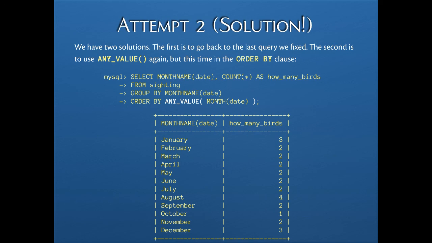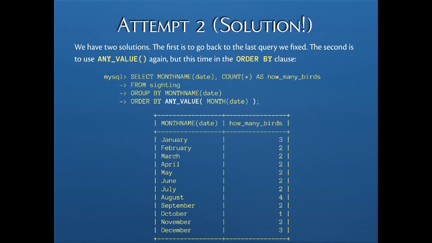But again, the criterion is not necessarily that all these things need to be the same. When we're extracting a part of a column, MySQL sometimes will freak out because it doesn't know that if I'm grouping by month, I get the same group as if I grouped by month name. That's not necessarily obvious to MySQL.